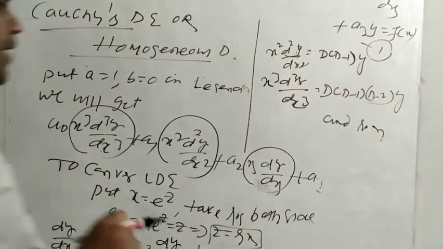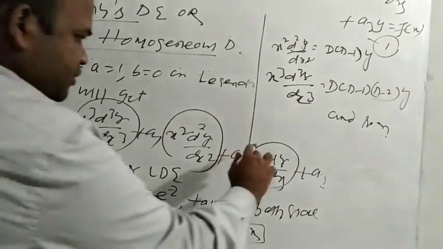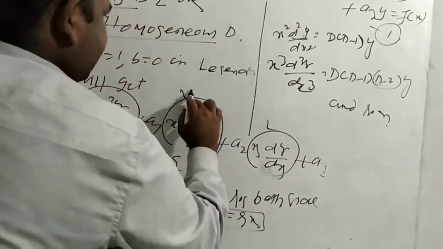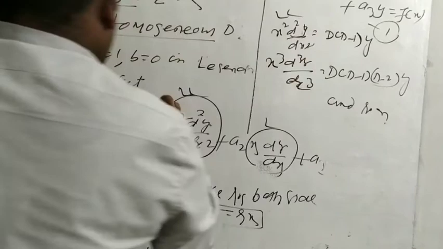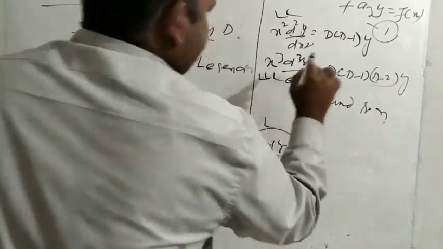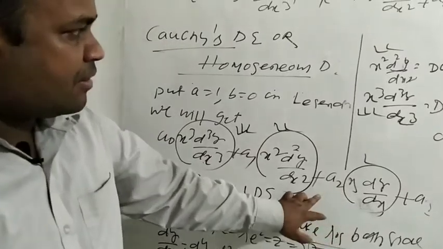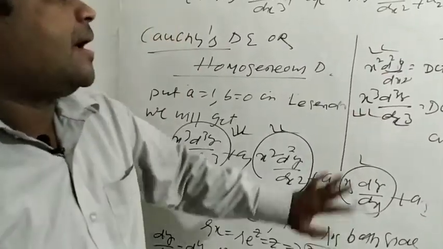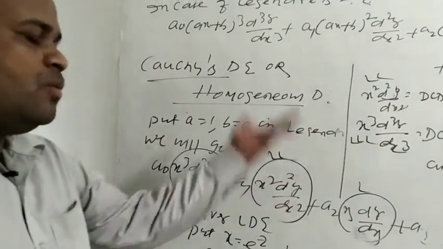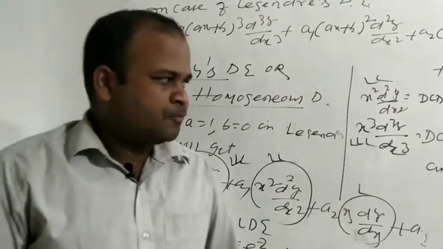In this way you replace each term so that Cauchy's differential equation converts into a linear differential equation, and after converting to an LDE you find the CF and PI.